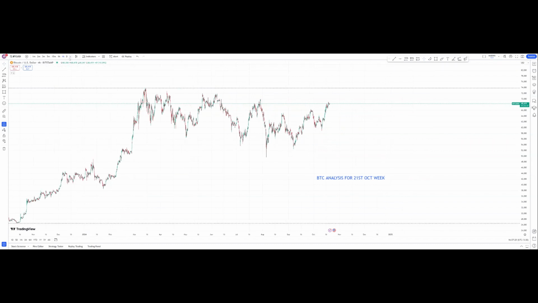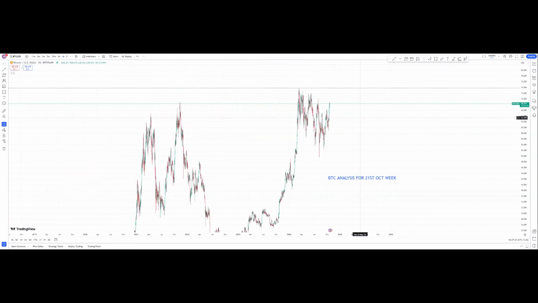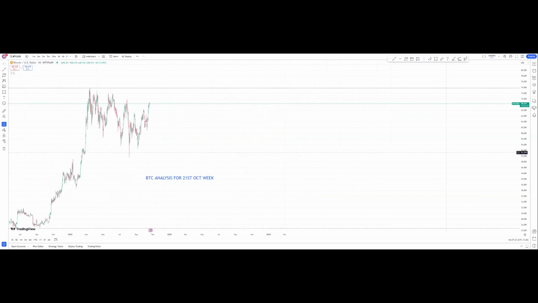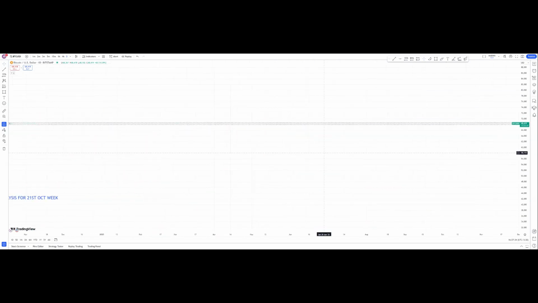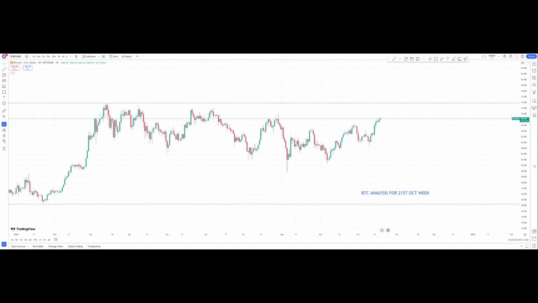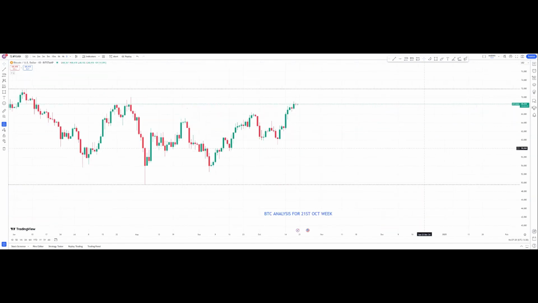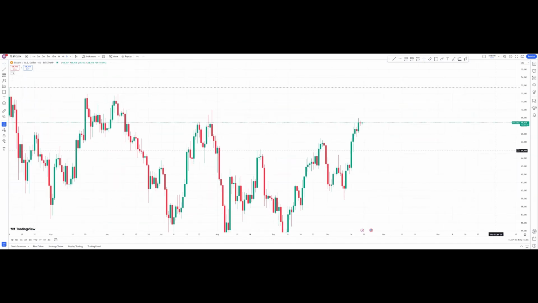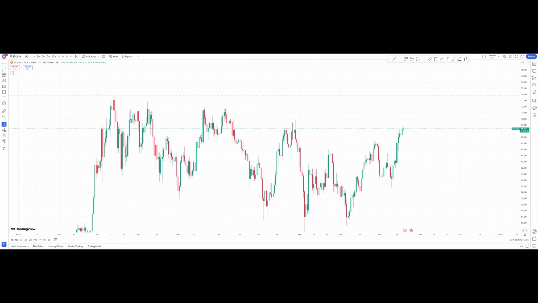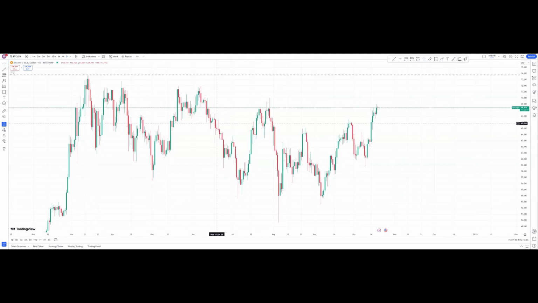So let's look at the daily time frame, right? If we look at how the market is behaving in the daily time frame, okay, there's a very good pattern actually people will look at. I'm not sure how many of you are familiar with the W pattern, right?